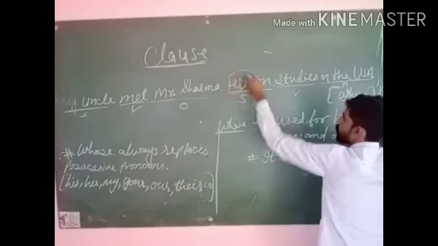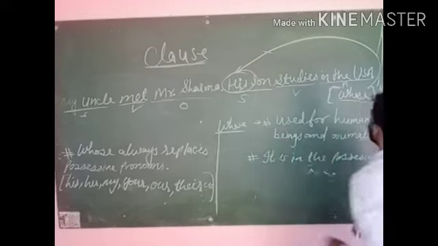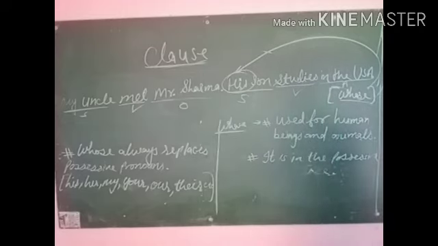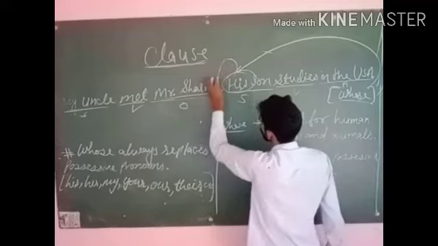Here his has been used, so we have to remove his and put there whose, and we must write this term near the term for which it has been used. His has been used for Mr. Sharma, so we have to put it here.